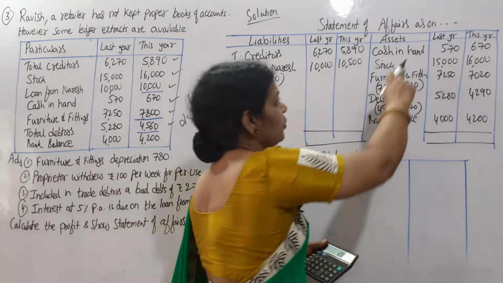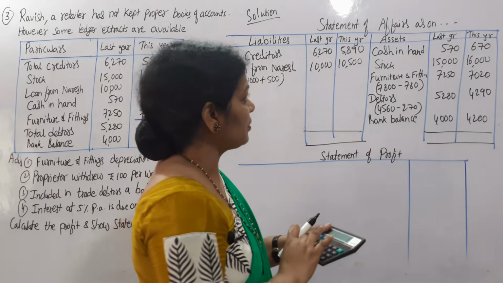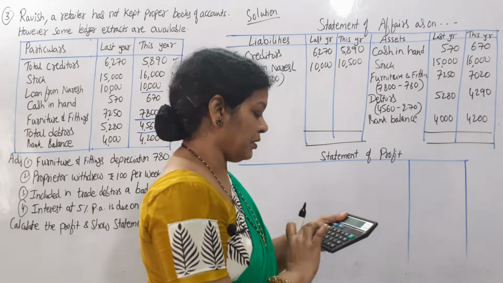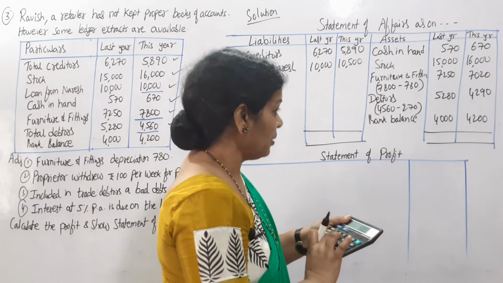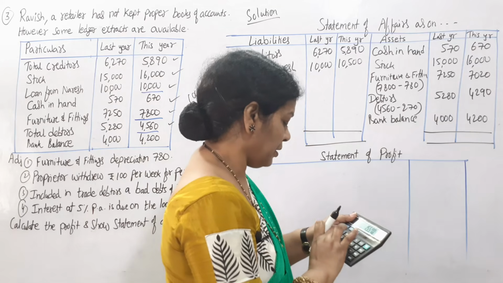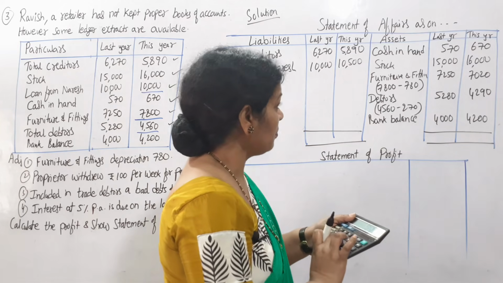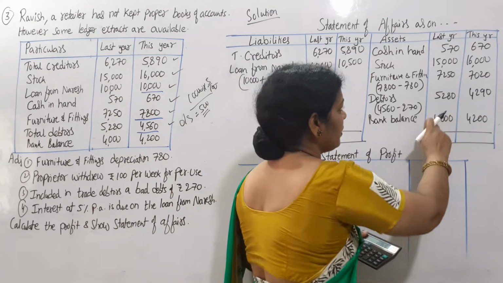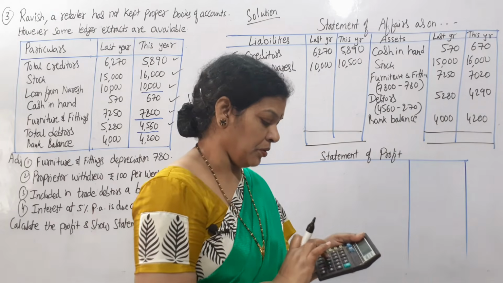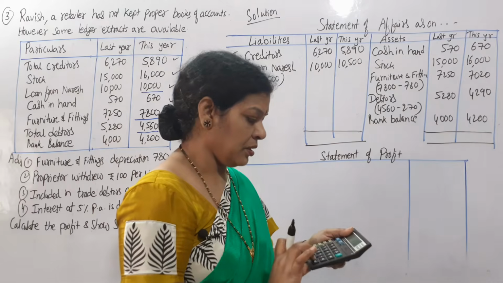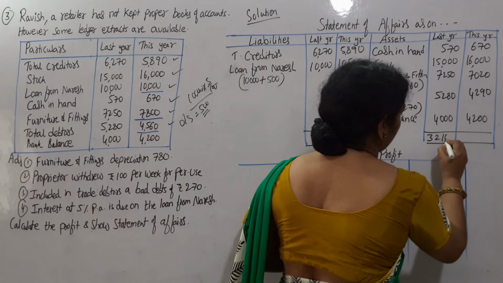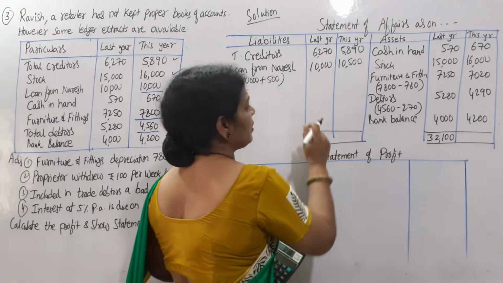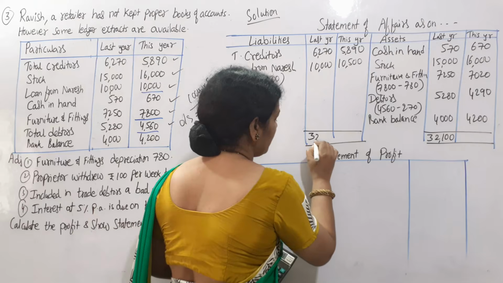Okay. So first we will calculate on the asset side. First one is 570 plus 15,000 plus 7,250 plus 9,280. It comes to 32,100. Credit side is more, so the same amount, 32,100, we will write.